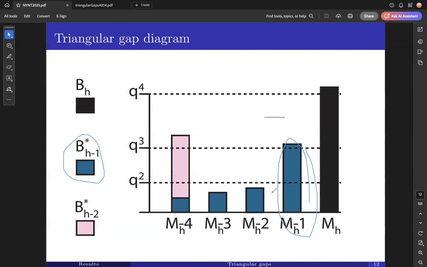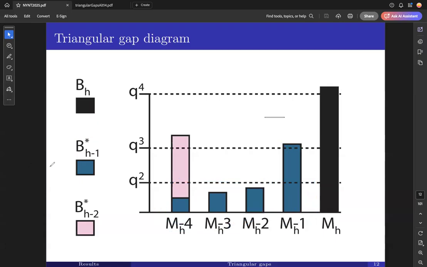Then the other B sub h minus 1 sets are going to contribute less than q squared. So since q is much, much bigger than h, I can see the biggest contribution, q to the fourth, is from the B sub h sets. But the sets that just failed at stage h, but were B sub h minus 1 sets, most of those end up here with a little bit of stuff here.